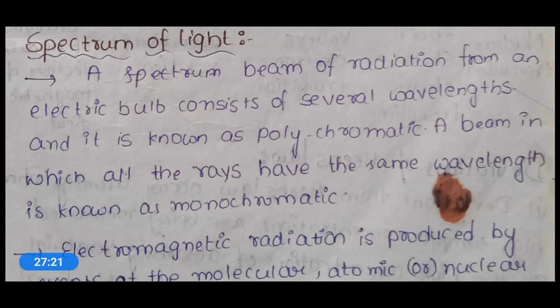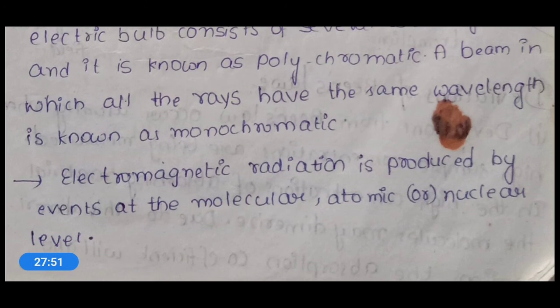Polychromatic means the beams show different wavelengths, and a monochromatic beam shows a single wavelength. So this is the difference between polychromatic and monochromatic beams.